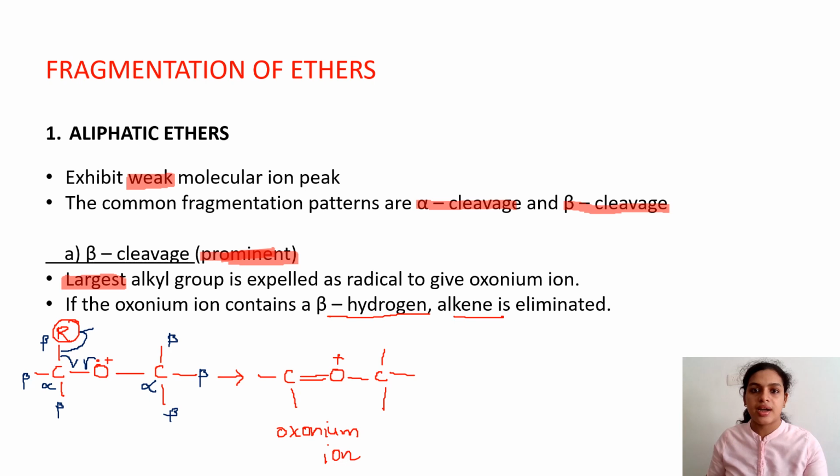But if there is another beta hydrogen present, an alkene can be eliminated. For beta hydrogen, we can write a CH3 group here, and now we can show the fragmentation. Here this bond breaks, this one breaks, and this one goes here. That is, 2 bonds are broken. The O C bond is broken, and the CH bond is also broken, and the products are C, there is no change for that.